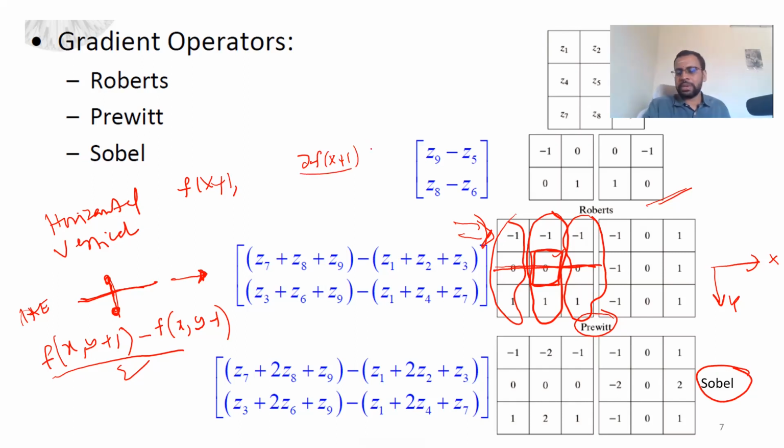I'm dropping y because y is the same for all, so I'm just not drawing it there. And then I did the same derivative for x minus 1, so this is x minus 1 and this is x plus 1. And when you are doing this correlation, finally you are going to add all those things.